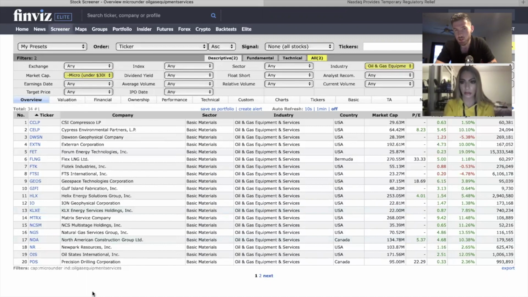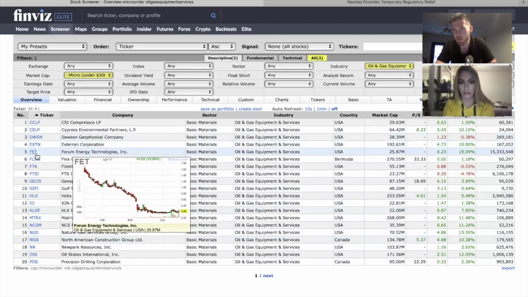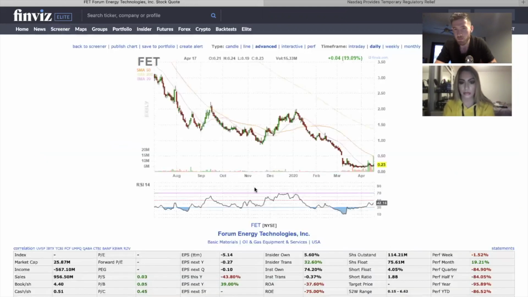So just from scanning, and since I've done this Friday, I've looked through these. I'm really interested in FET right now because, again, it's in the same industry and the chart, it's kind of bottomed out, which is really what I like to look for, is bottomed out stocks that are trading with the trend, which means whatever industry is moving the current week, then I kind of want to put my focus right there.